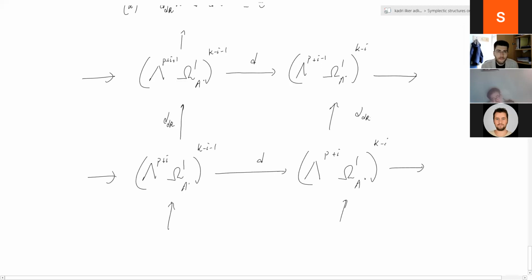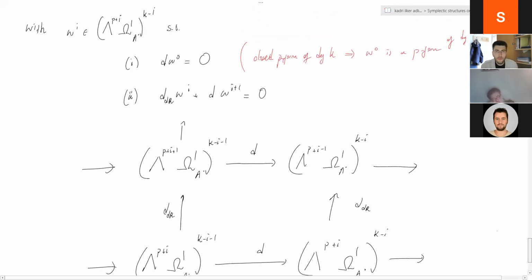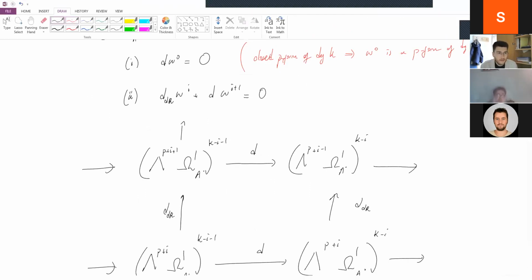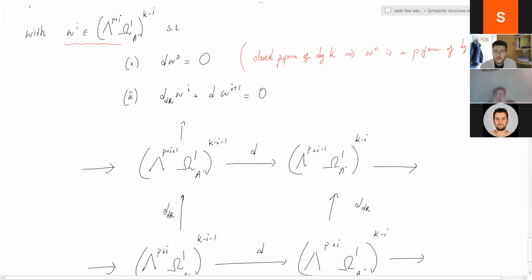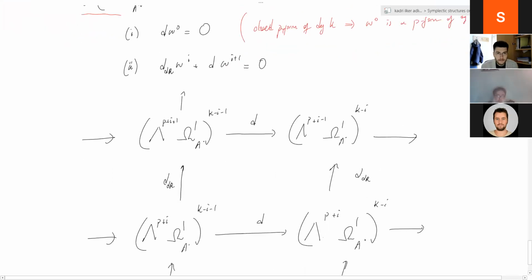So this is de Rham. If you look carefully, each component fits into a diagonal, right? Let's look at omega i. Omega i lives here. And omega i plus 1 lives here. If you keep track of this operation, d omega i plus 1, and similarly here, d de Rham, this vertical operation, and we want some relation here.